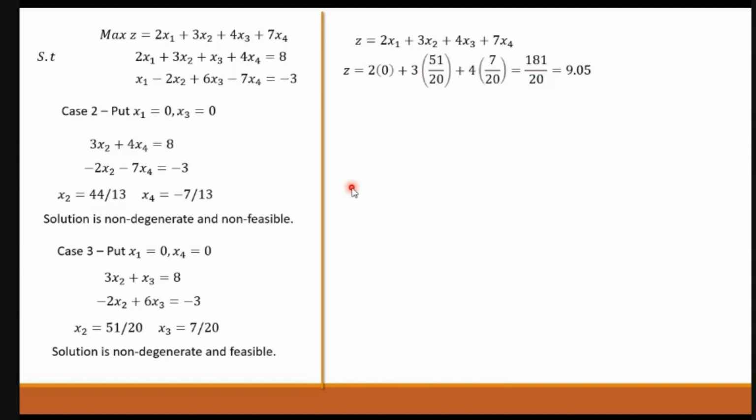Okay. So all combinations with x1 are done: x1 0, x2 0; x1 0, x3 0; x1 0, x4 0. So next we will take x2, x3.